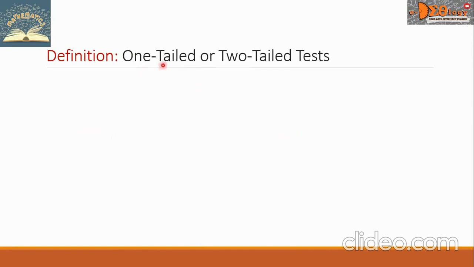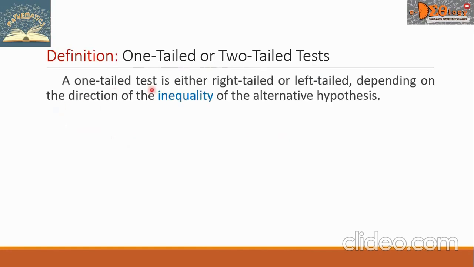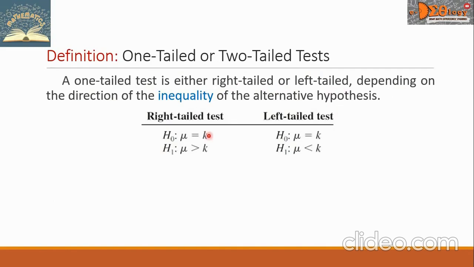Let us now define one-tailed or two-tailed tests. A one-tailed test is either right-tailed or left-tailed, depending on the direction of the inequality of the alternative hypothesis. For the right-tailed test and the left-tailed test, here are the pairs of hypotheses that will come.